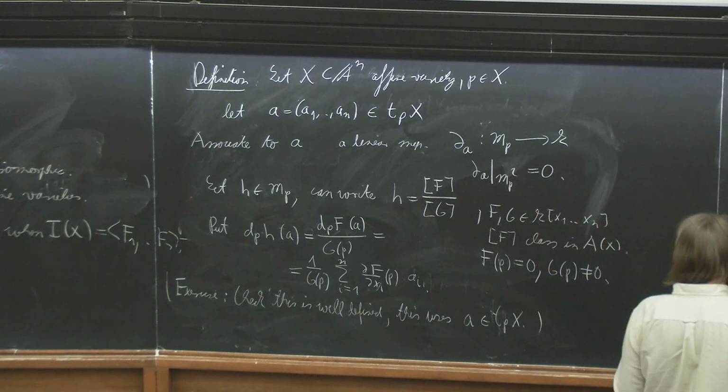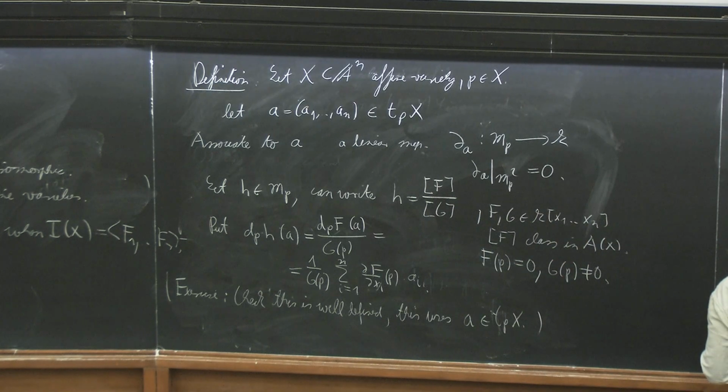In this situation, dp h of A can also be obtained by taking, for any such representatives f and g, d by dt in the usual sense at t equals 0 of f of (p plus tA) divided by g of (p plus tA).